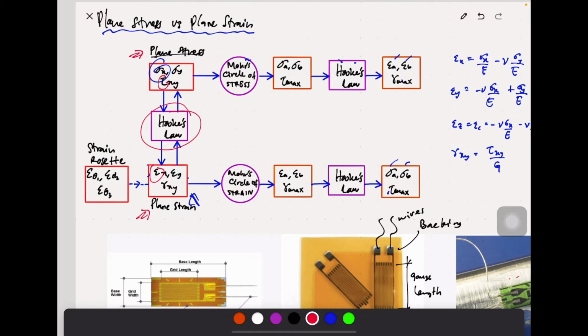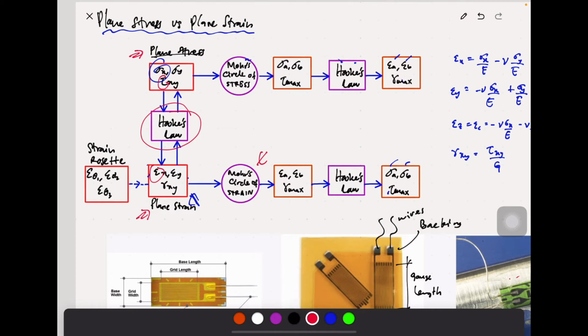If we can use Mohr's circle to describe the major and minor stresses for the system, this time around we can use Mohr's circle of strain to find the major and minor strains for our system.